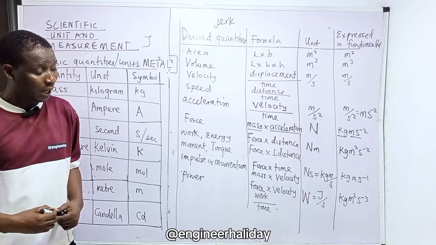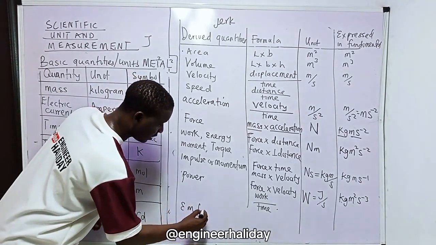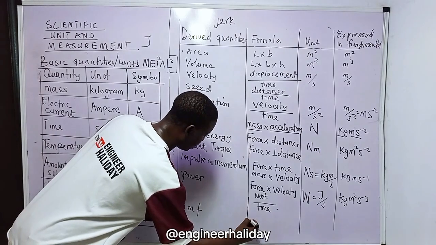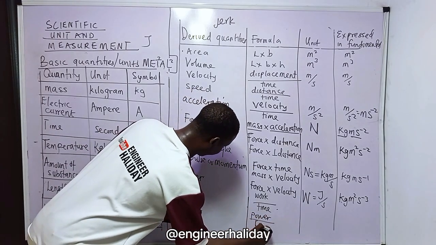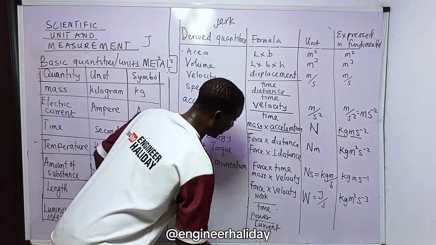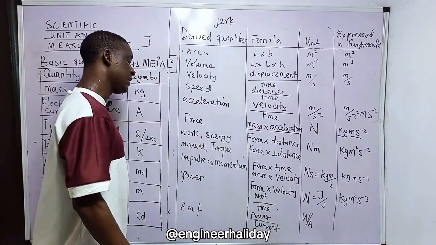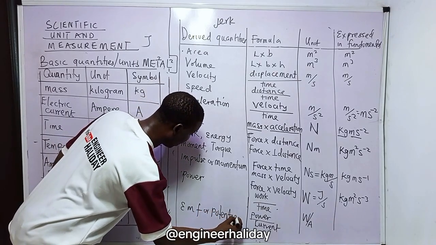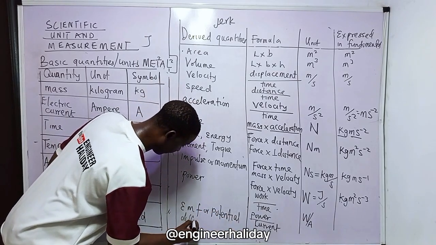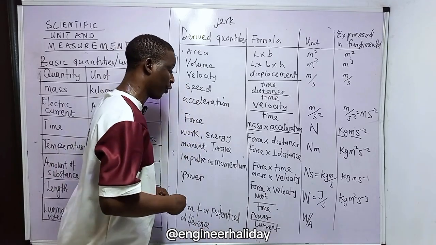Now let's talk about EMF. EMF, or potential difference, is equal to power divided by current.